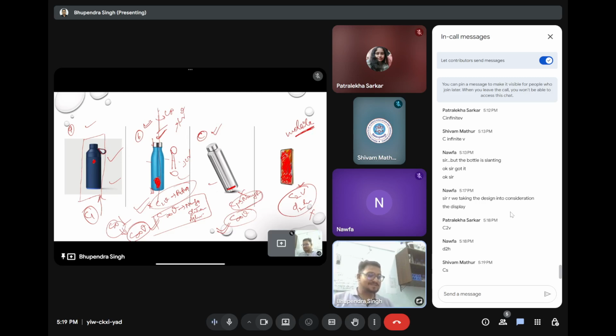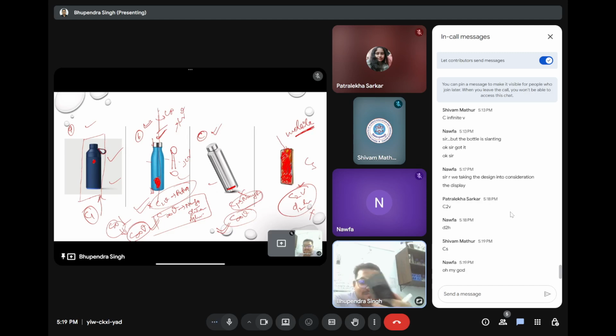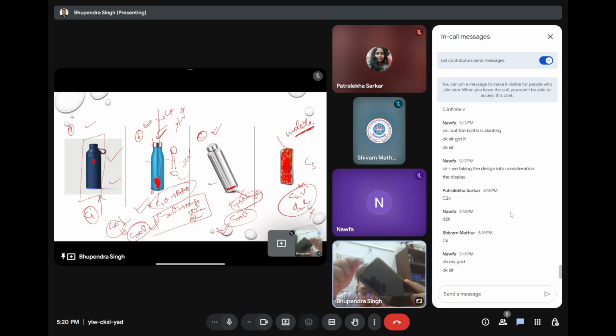Yes, Cs is the right answer. Cs is the correct answer. Why? Because of this camera. Isn't it funny? With this camera, the point group of this mobile changed. This camera at the top, this one.